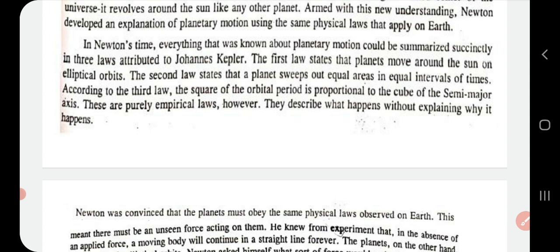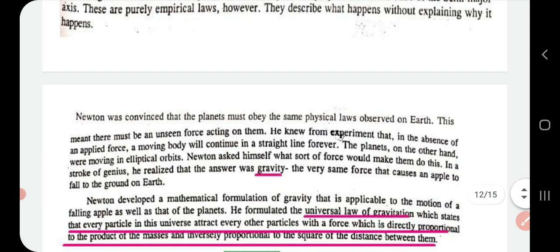Now, these are the three planetary laws proposed by Kepler, and Newton formulated some concepts that support these three laws.